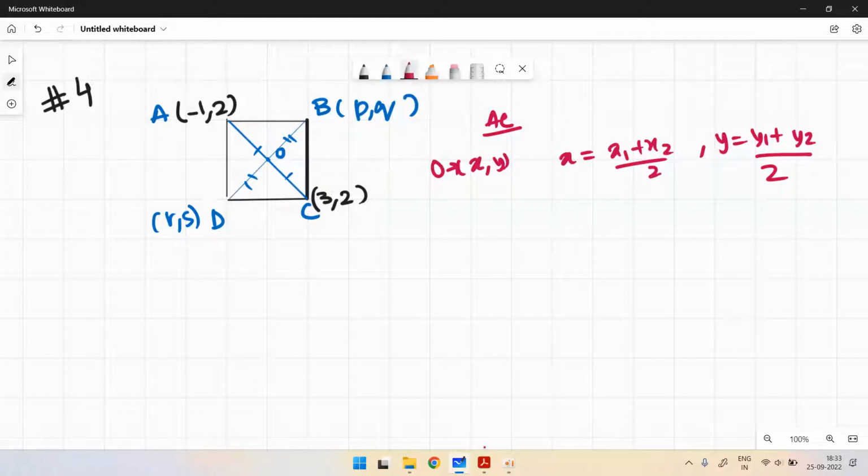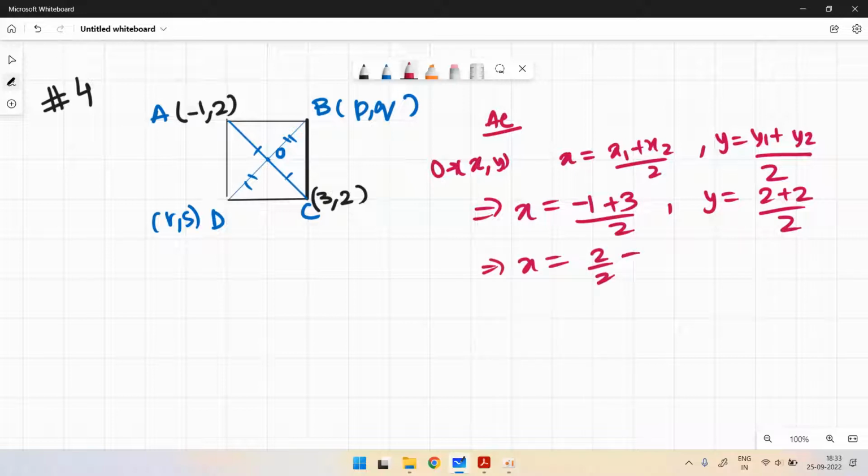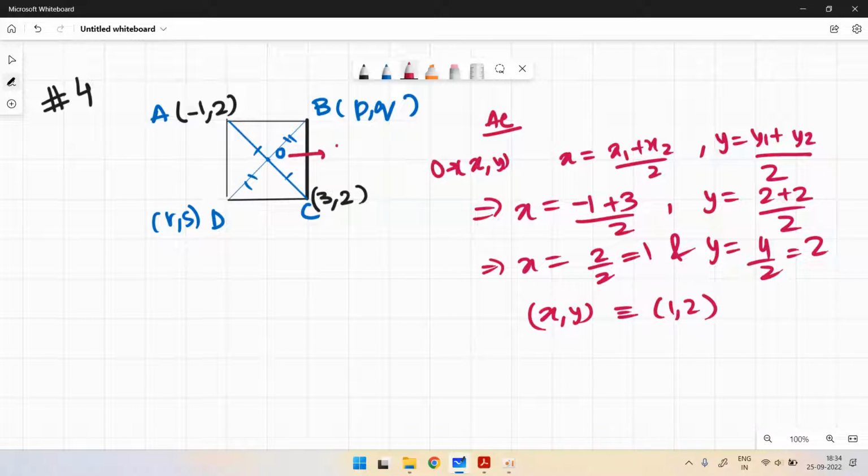So x is equal to minus 1 plus 3 by 2, and y is 2 plus 2 by 2. Nothing but x equals 2 by 2, which is 1, and y equals 4 by 2, which is 2. So x comma y is 1 comma 2, which implies that the coordinate of O is 1 comma 2.